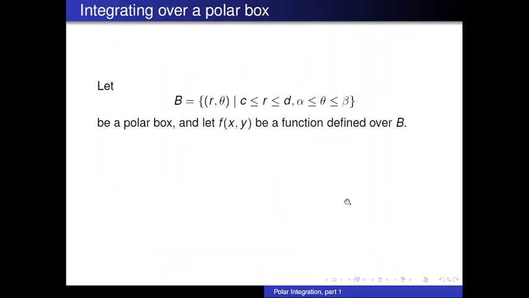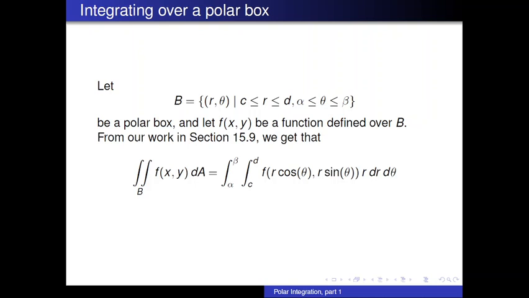So let's integrate over a polar box. Here's the formula in case you're forgetting. Let B be our polar box, so either an annulus or a disk or a sector of one of those things. And let f of xy be some function that's defined over that polar box. Then what is the formula again? Well, if we want to integrate f of xy over this polar box, we will form this iterated double integral, where we'll do the theta integral last.